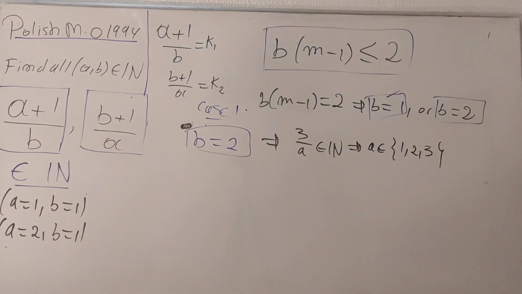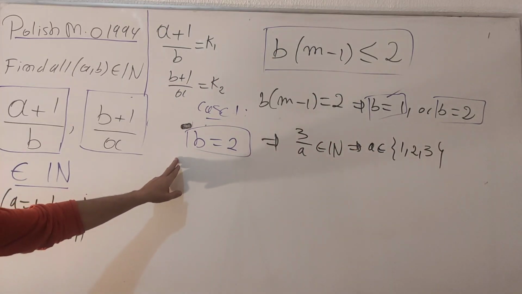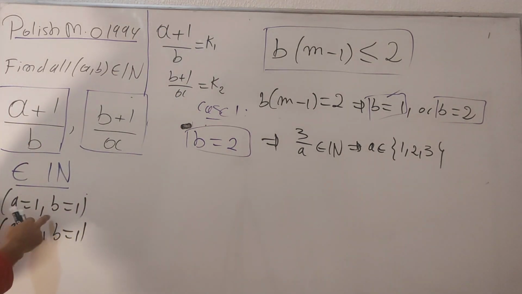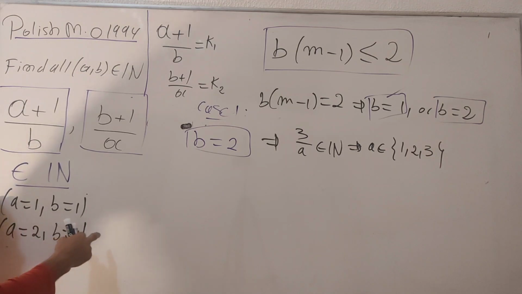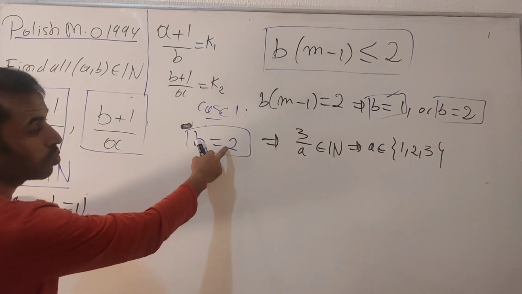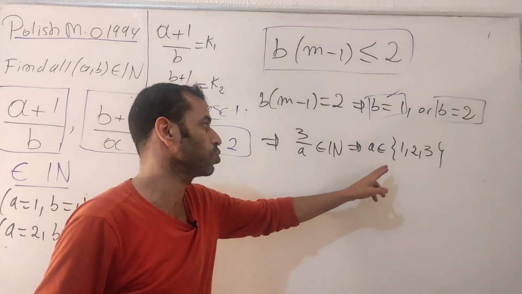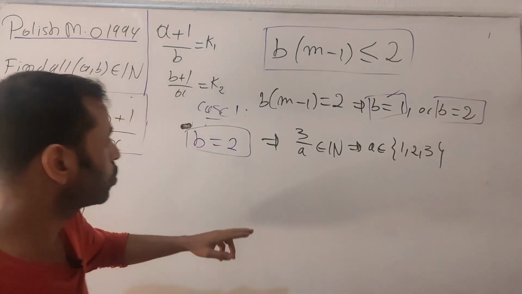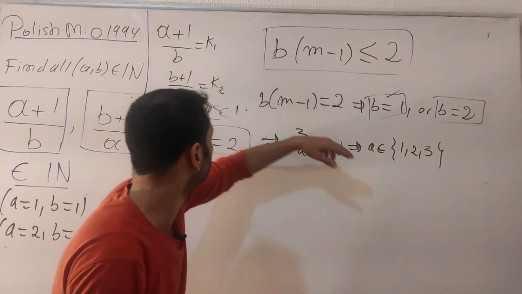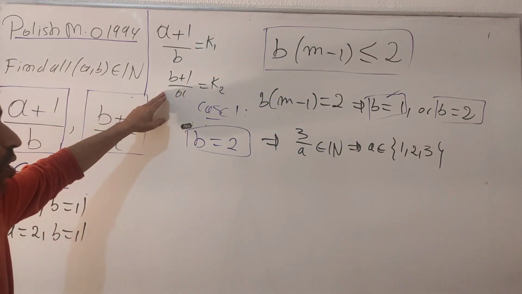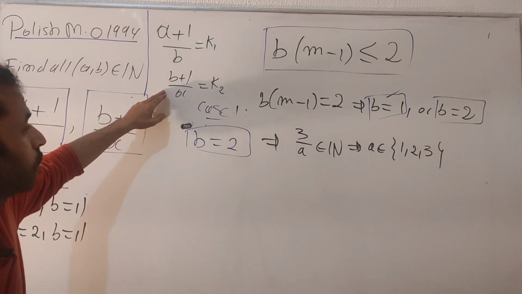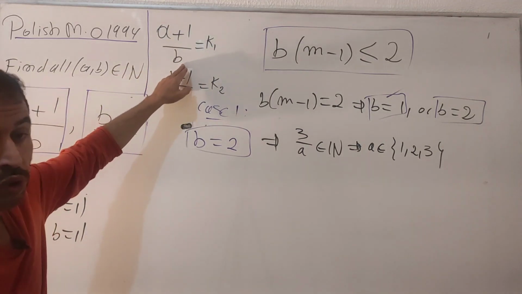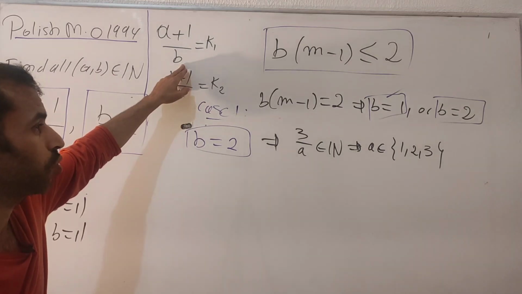Let's go through each one, but be careful here, we are working on b equals 2, so it doesn't mean we are not going to consider the previous solutions, because we have changed b here into 2. Which means we are going to check this one individually. For a equals 1, I'm going to insert this value of a equals 1 into the two fractions to see if they are natural numbers or not. So for the first one, I get 1 plus 1, which is 2, 2 over 2, which is 1, a natural number, so we are good to go.